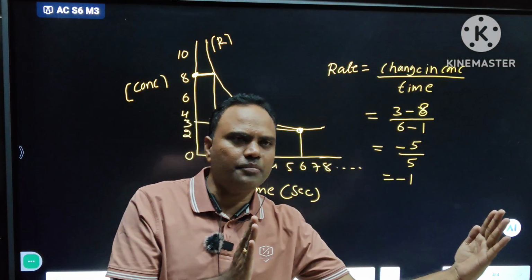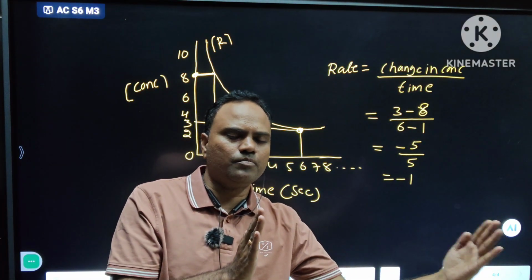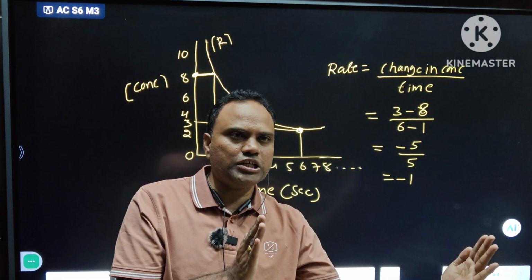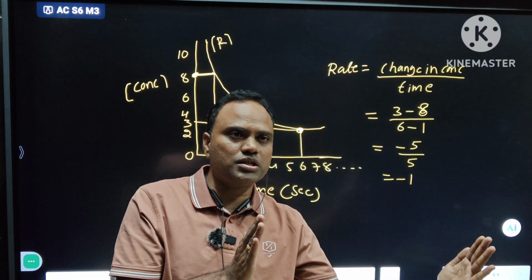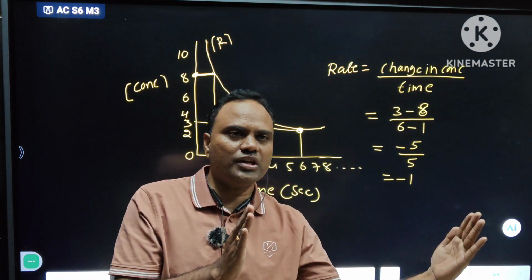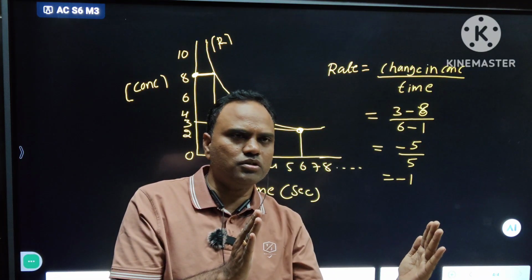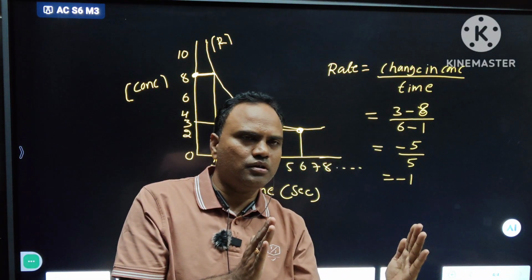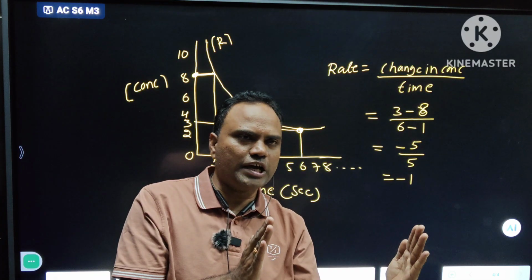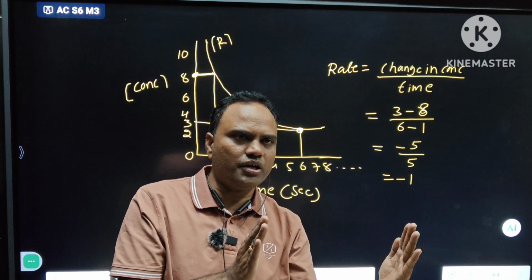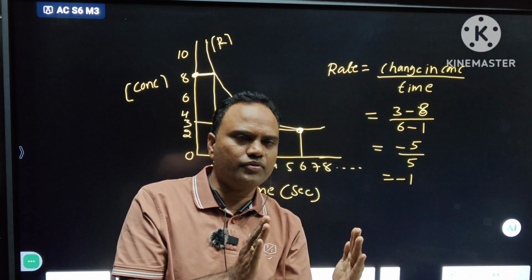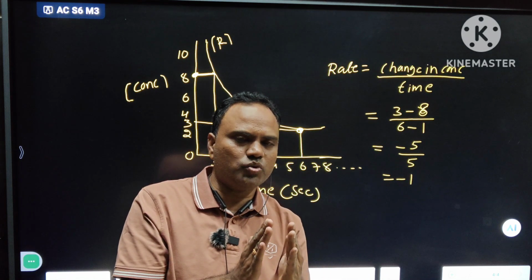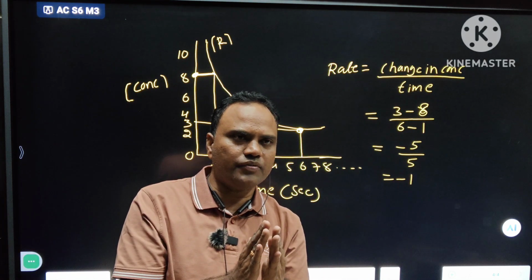First I calculated the change in the concentration of reactants between a large time interval. Slowly I am decreasing that gap. First 1 and 6, then 1 and 5, 1 and 4, 1 and 3, 1 and 2, 1 and 1.5.